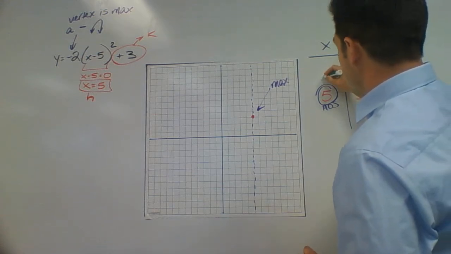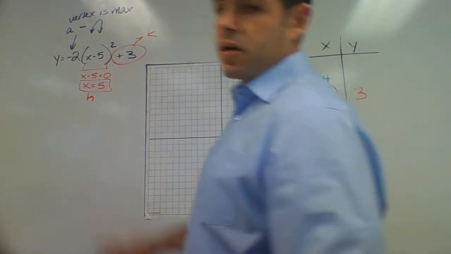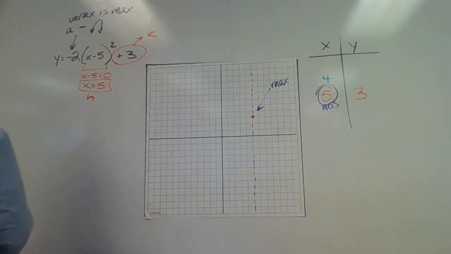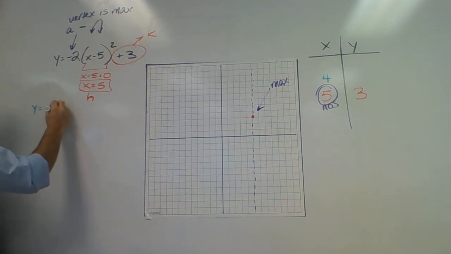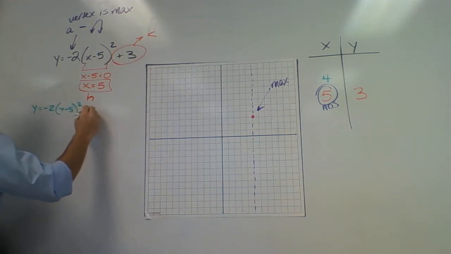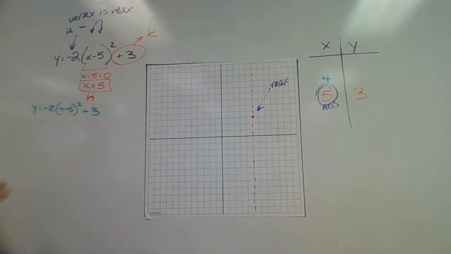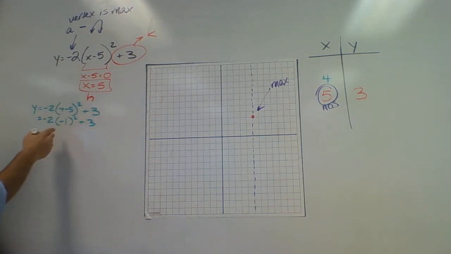And this is something where we're going to need to calculate some things out. So I'm going to come over here. I'm going to plug 4 in for the letter x. So there is some computation. Maybe you're someone that feels comfortable using a calculator for this process, and you can type in that whole thing right there, but just in case that's not you, let me go ahead and show you some work. 4 minus 5 would be -1, and we've got to remember that the order of operations tells us to square that first before worrying about the -2 out in front.